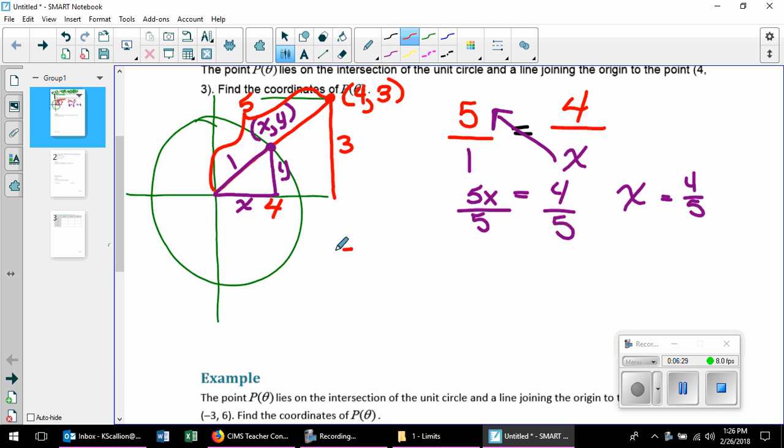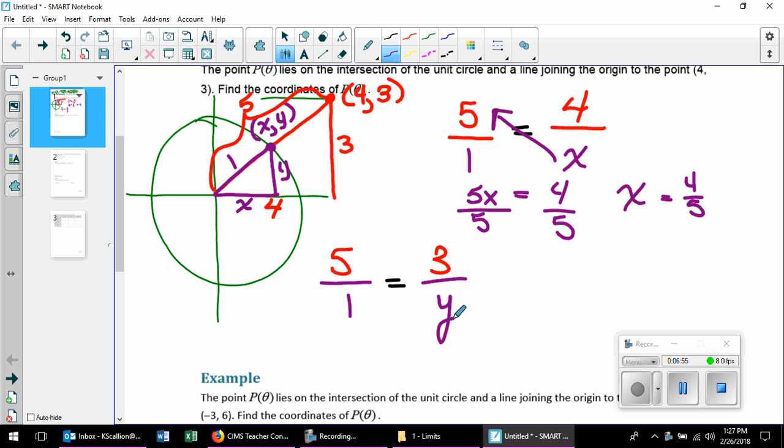So we know in our big triangle it's 5. In our little triangle, the radius is 1. That's equivalent to, in the big triangle, we're looking for y now, so it's going to be 3. And in the little triangle, it's going to be y. Now, something very specific, I keep big on the top and small on the bottom.